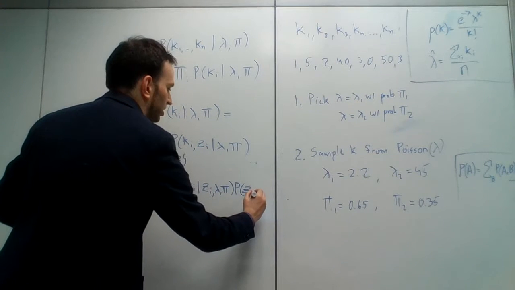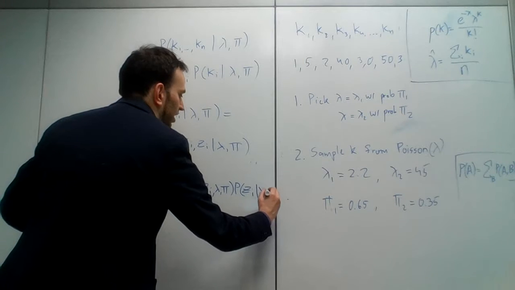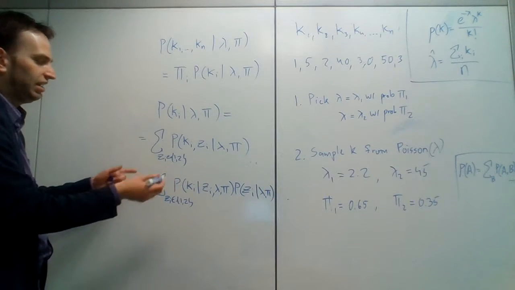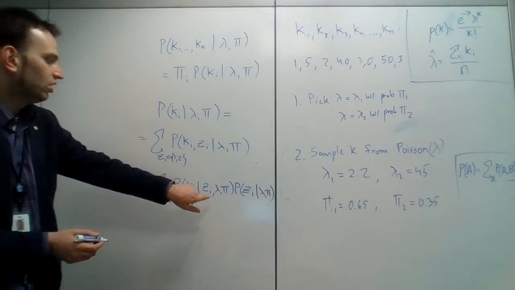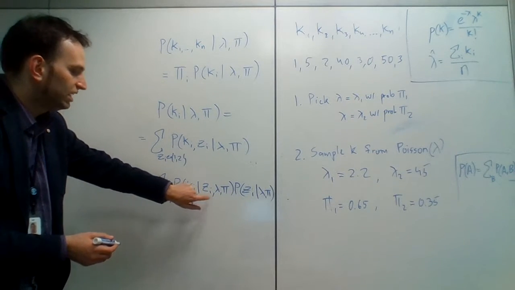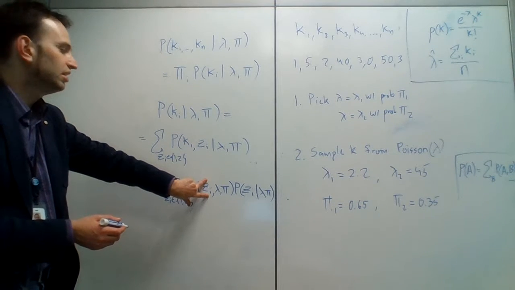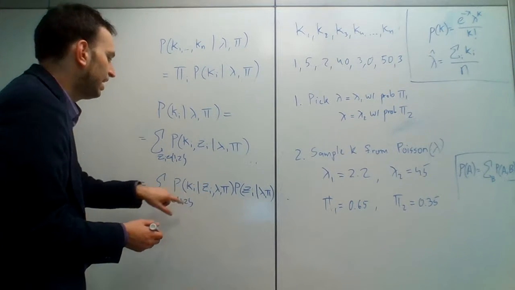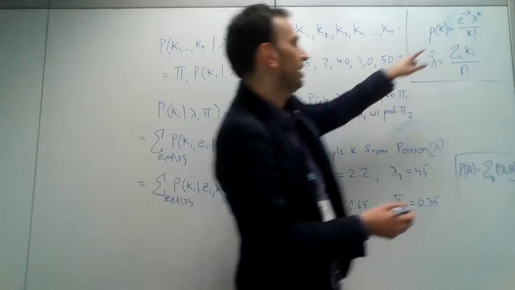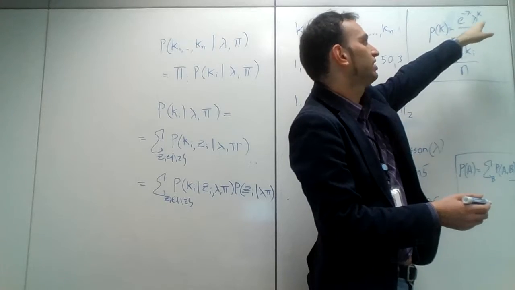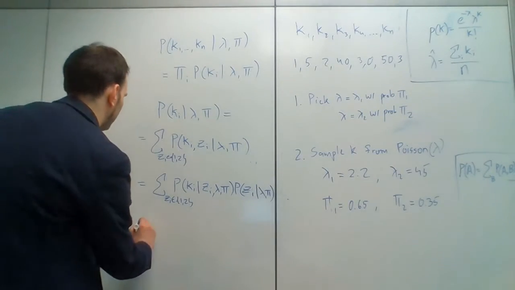This is, by the way, the same thing as the mixture of Gaussians stuff. So what is this first thing? Well, this we can compute. This is ki given that we know zi. If zi is 1, we plug in lambda 1. If zi is 2, we plug in lambda 2 into that probability mass function.